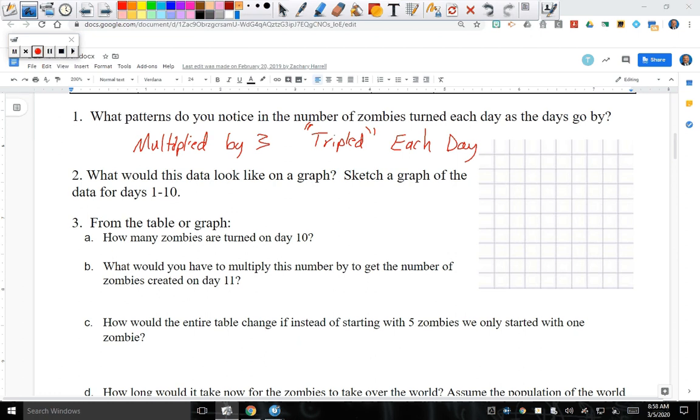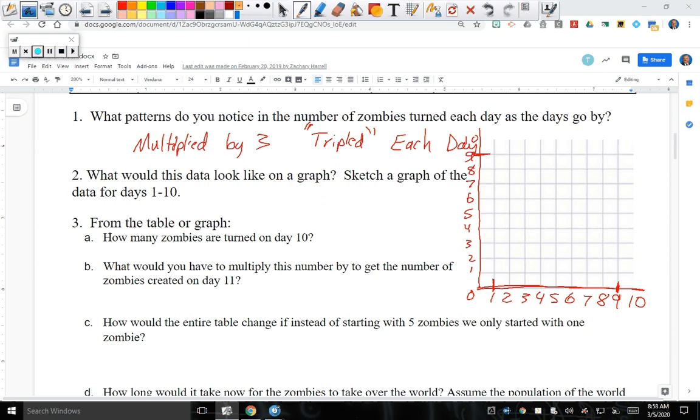Number 2 says, what would this data look like on a graph? Sketch a graph for the data, and so on and so forth. So what we're going to do is pick some points on a graph, and let's go with 0, 1, 2, 3, 4, 5, 6, 7, 8, 9, and then 10. Going up here, 1, 2, 3, 4, 5, 6, 7, 8, 9, then 10 is up top.